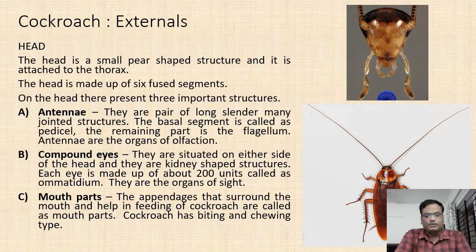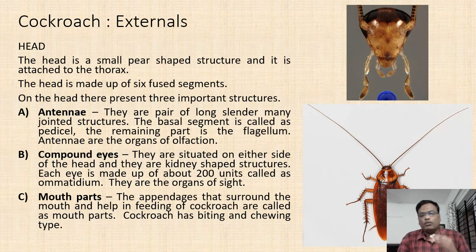Now, let us study the different parts of cockroach, and let us start with the first part, that is head. Head is a small pear-shaped structure, and it is attached to the thorax. So this is the head you can see here.